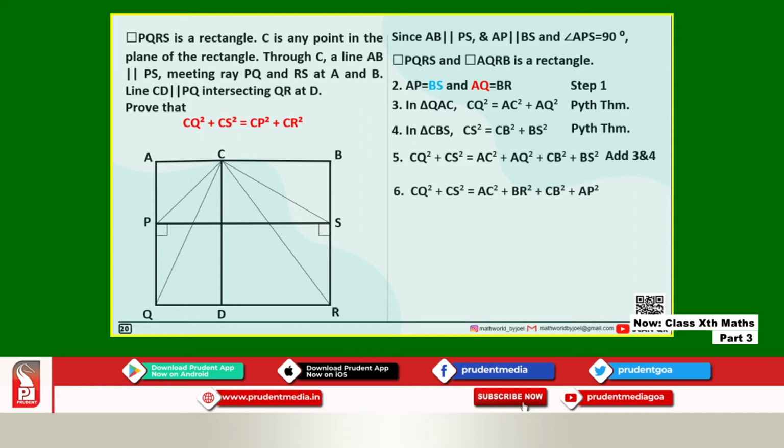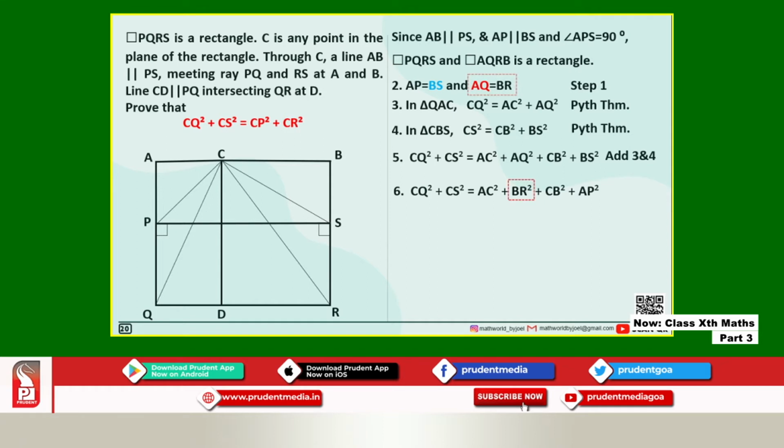So in step number 6, I have written exactly the same thing. All I have done is tried to replace AQ. I'll just show it to you here. AQ is equal to BR, right? So in that step number 5, wherever AQ was there, I have written BR, and since it was AQ square, I have written BR square.